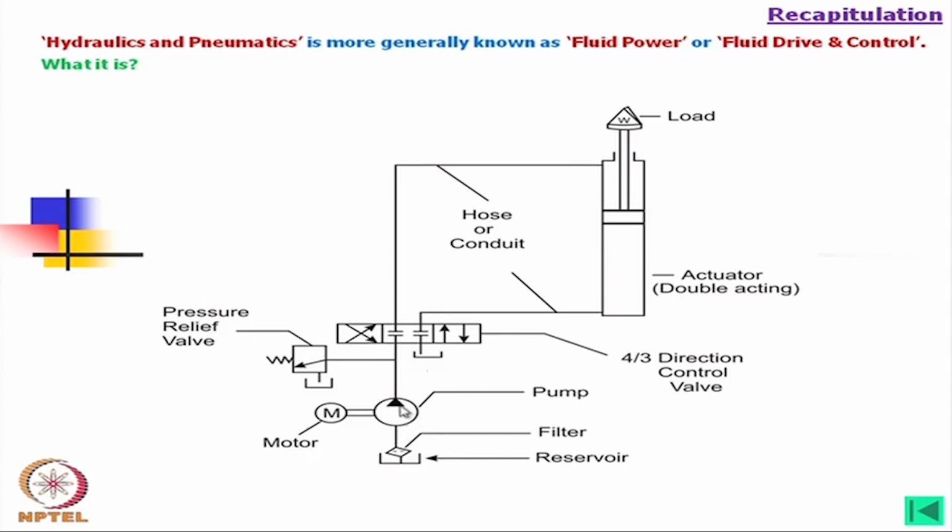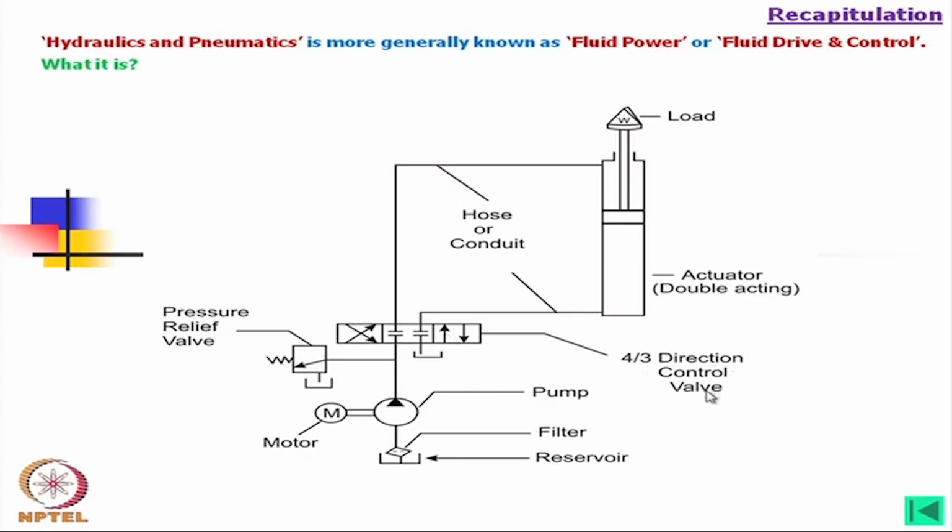When the pressure exceeds the system pressure we have set, the oil will automatically go out through this valve to the reservoir. So, this is the basic system.